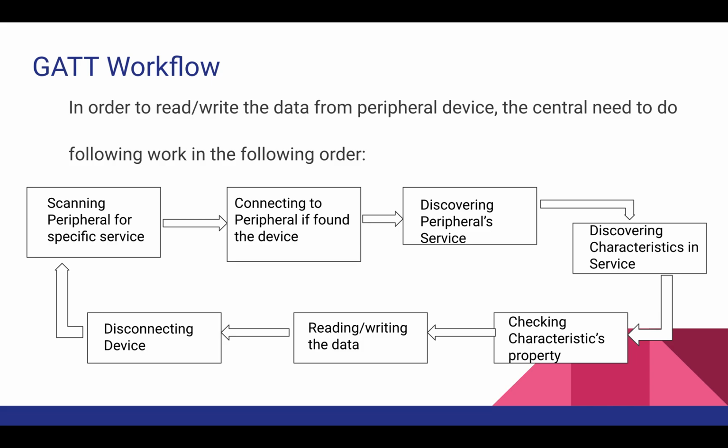If our characteristic allows us to subscribe for the data, then only we can subscribe. And after that, we can perform the read and write operation, that is the sixth step. And after that, when the read write operation has been completed, then we can disconnect the device connection.